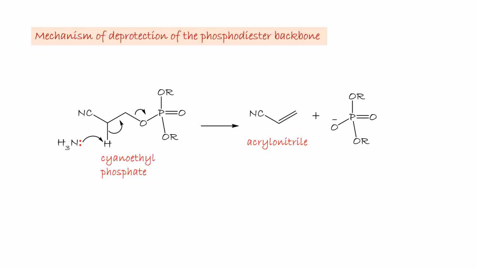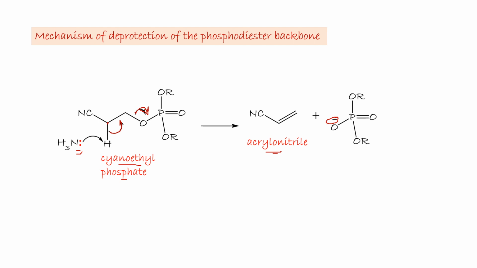The mechanism of the deprotection of the phosphodiester backbone, the cyanoethyl phosphate: the ammonia will attack on this alpha hydrogen, so getting this double bond, and here will be O minus, and kicking out acrylonitrile.